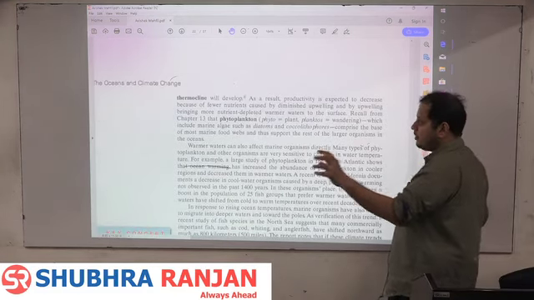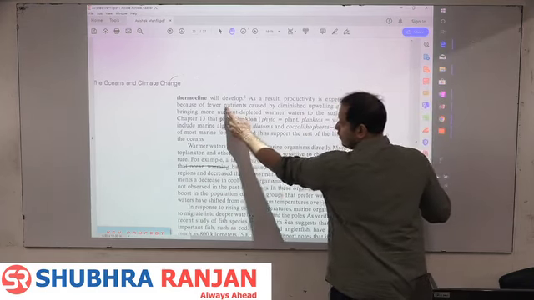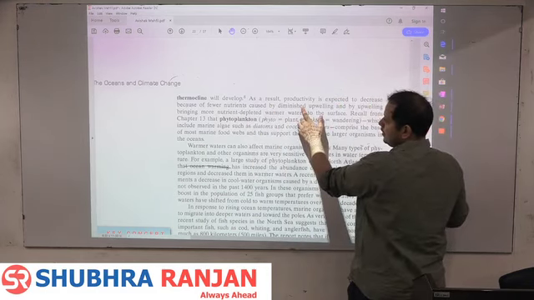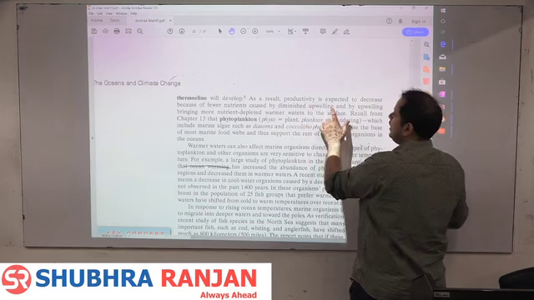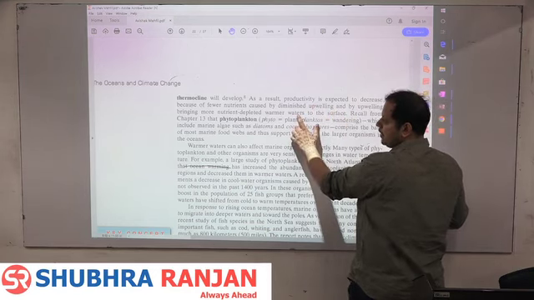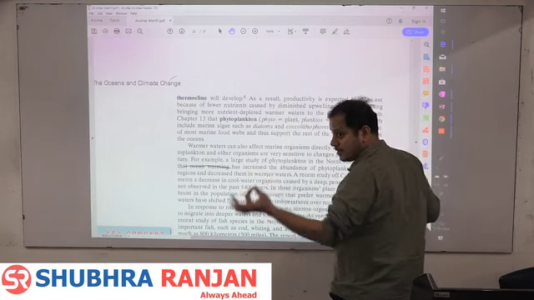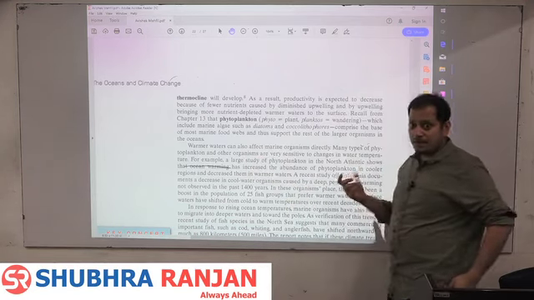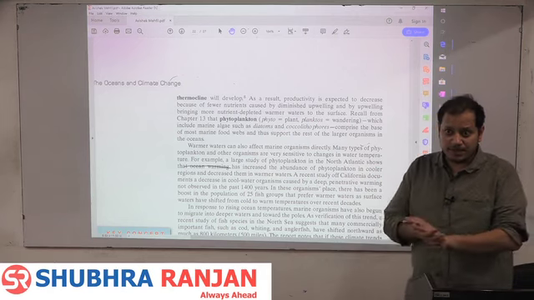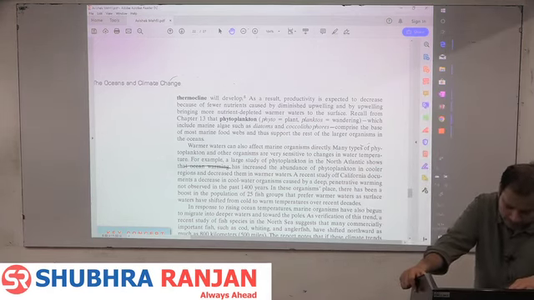As a result, productivity is expected to decrease because of fewer nutrients caused by reduced upwelling and by nutrient depleted upwelling. मतलब upwelling rate of the ocean will also be affected. ये जरूर लिखना आंसर में. That is, the upwelling zones will also be affected because thermohaline is now more denser, more stronger.